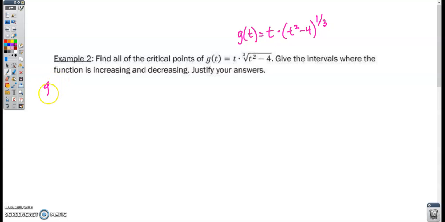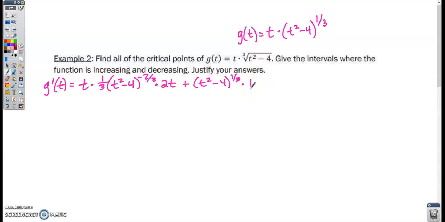We've got to utilize the product rule. So we've got g prime of t is equal to t times the derivative of the quantity t squared minus 4 to the 1/3, which is going to be 1/3 times t squared minus 4 to the negative 2/3, times the derivative of the inside via the chain rule, so we multiply by a 2t, and then I've got the quantity t squared minus 4 to the 1/3 power, times the derivative of t, which is just 1.